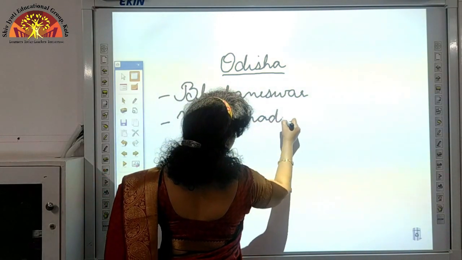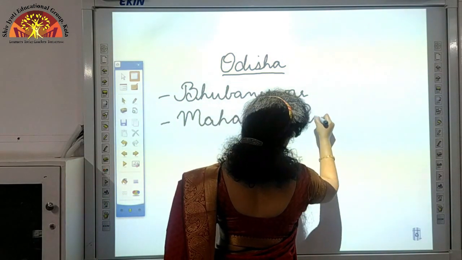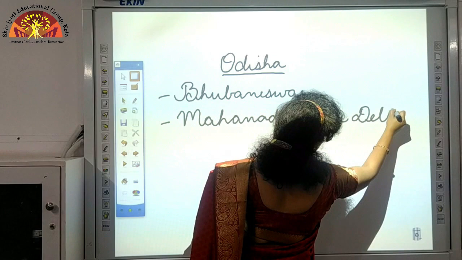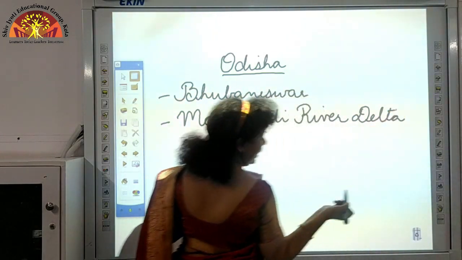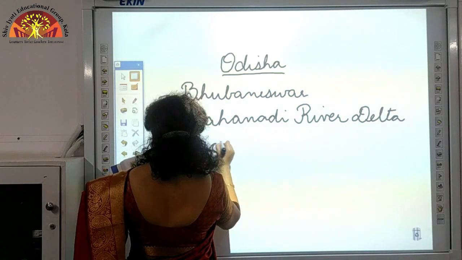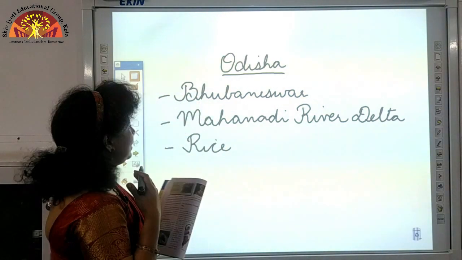And this delta region is very fertile and rice is the major crop here.